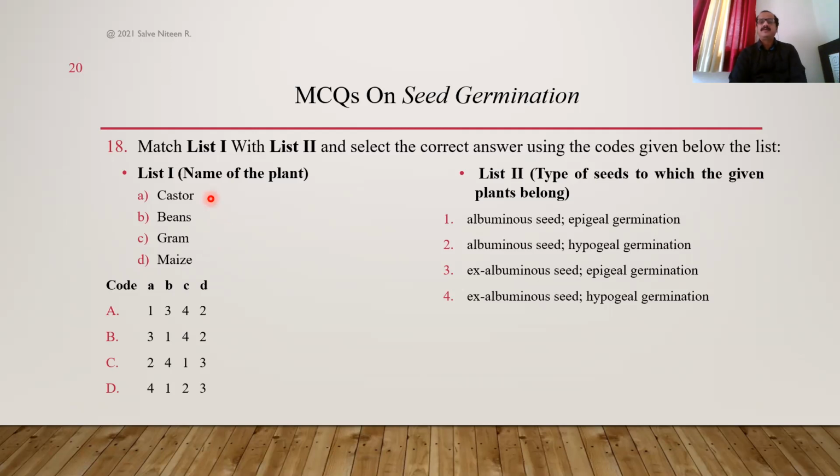Beans are epigeal and ex-albuminous. Similarly, gram is hypogeal and ex-albuminous, and maize is a monocot showing hypogeal germination, and it is albuminous because it consists of endosperm. So after proper matching, you will get the answer. Option A is the correct answer.